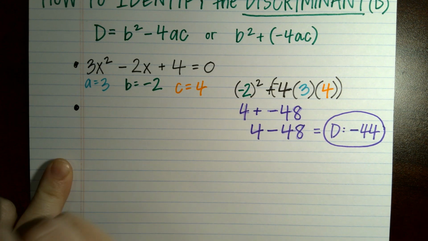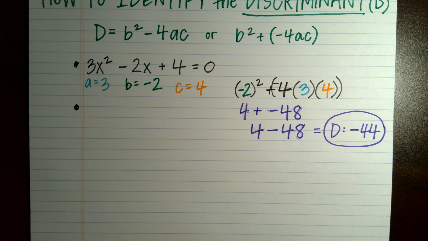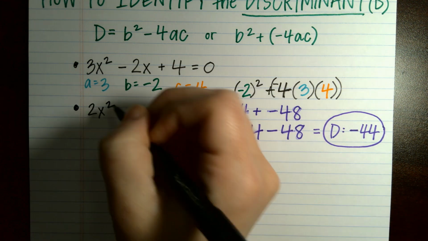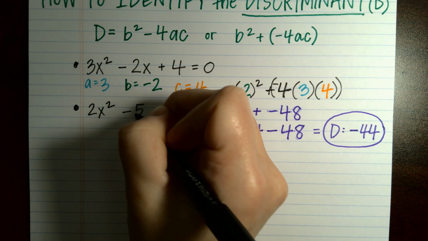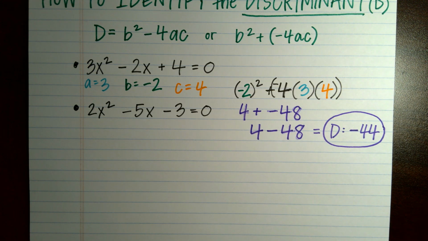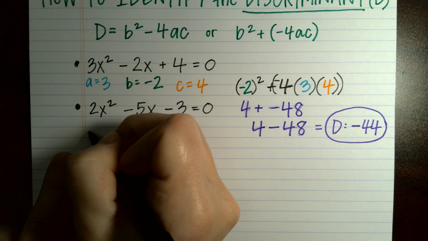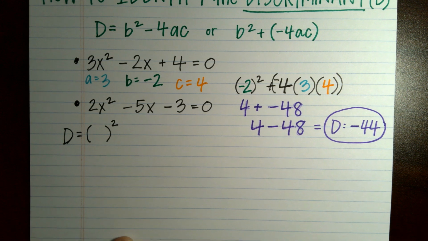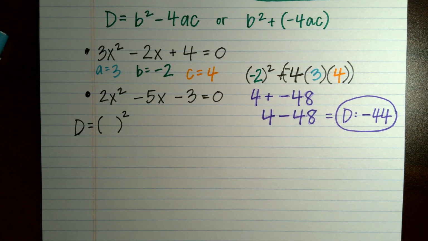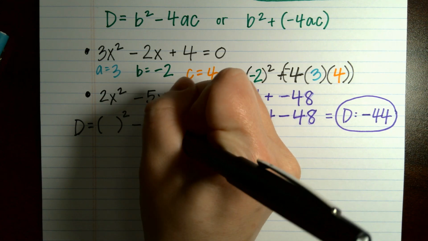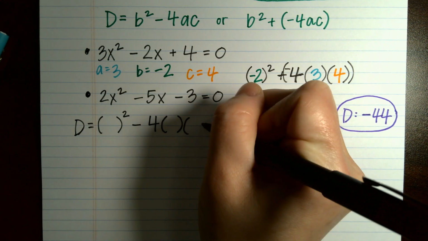Let's do 2x squared minus 5x minus 3 equals 0. So, my D, or my discriminant, equals b squared minus 4 times a times c.